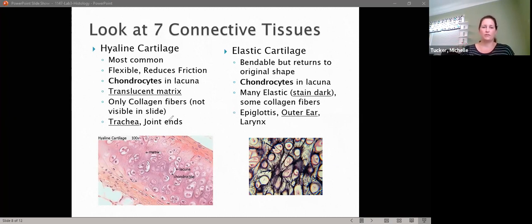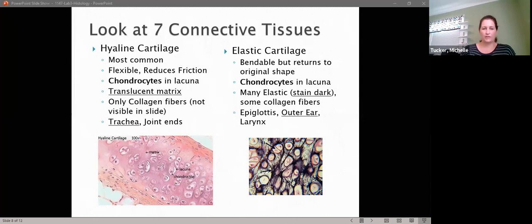So hyaline cartilage is slippery and shiny and very good at reducing friction. Our slides are from the trachea. The tracheal cartilage rings have been sectioned to expose the hyaline cartilage.